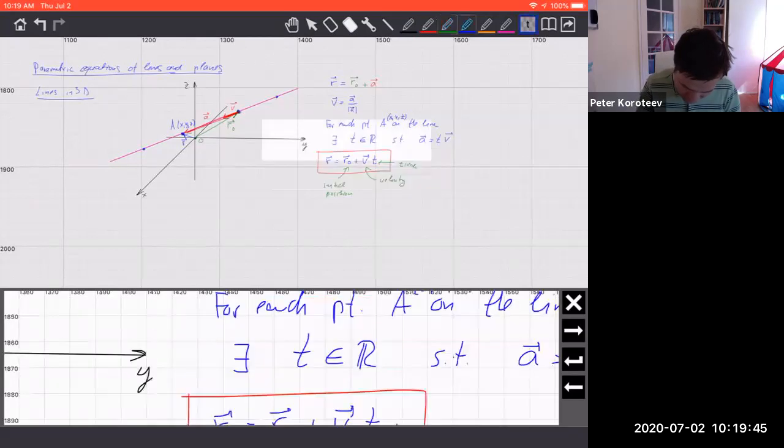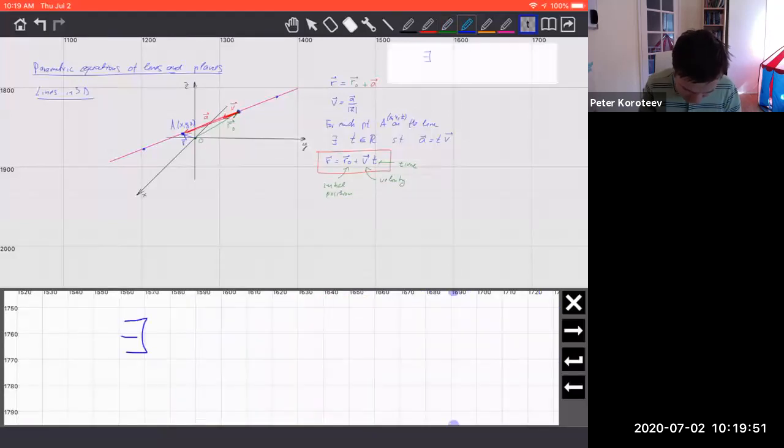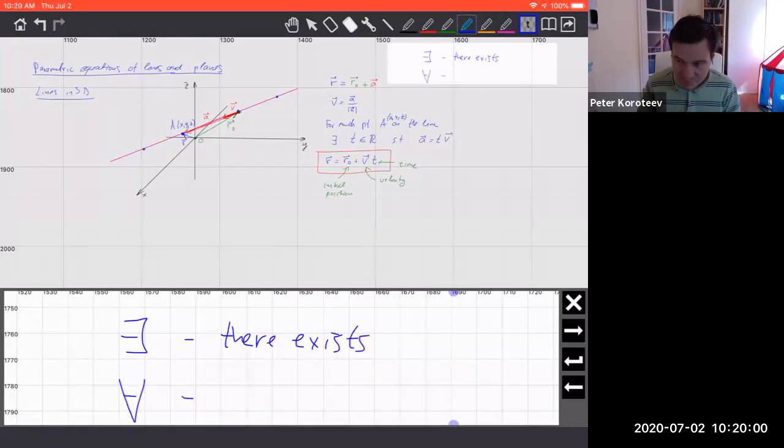So this is the so-called quantifier of existence. If you haven't heard this before, the inverted E means there exists. The reason why it's a backwards E is that E is from exists.